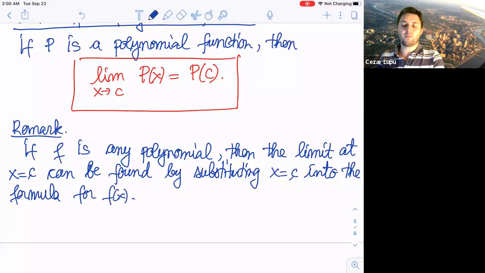So that's how we find it. Okay. Now let's see another example.